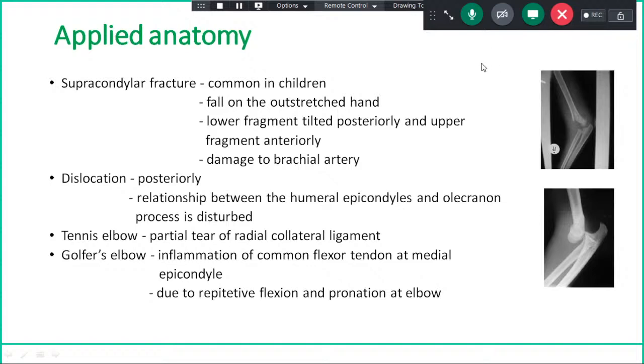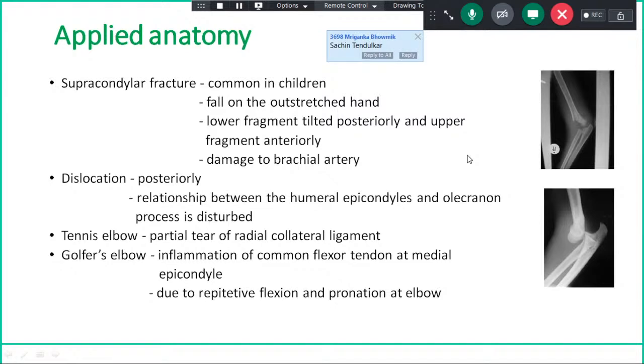Then there is a condition known as tennis elbow. During playing tennis, there might be a partial tear of the radial collateral ligament on the radial side. And this condition, Dr. Monica, assumed national importance at one time. Can somebody tell us who was that celebrity who got a tennis elbow? It was front page national news.